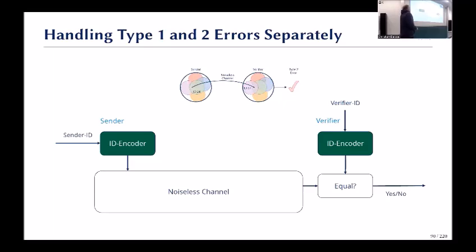Before thinking about which tag codes we need, we have a sender ID, an ID encoder. Here we assume we have a noiseless channel. Here's the question, is it equal? And an ID encoder again. So we can consider it for the noiseless channel. That means we concentrate just on the error of the second kind.